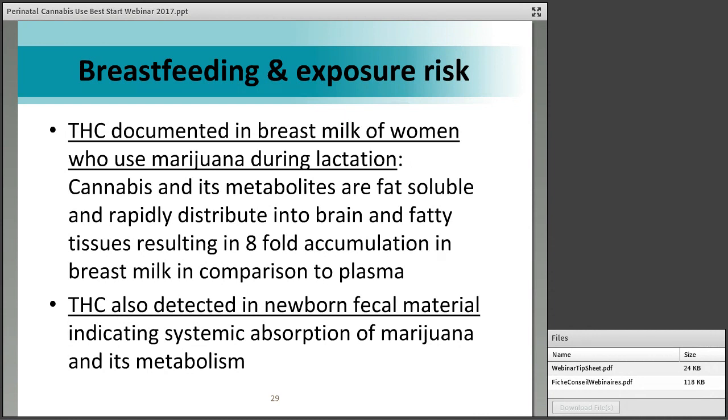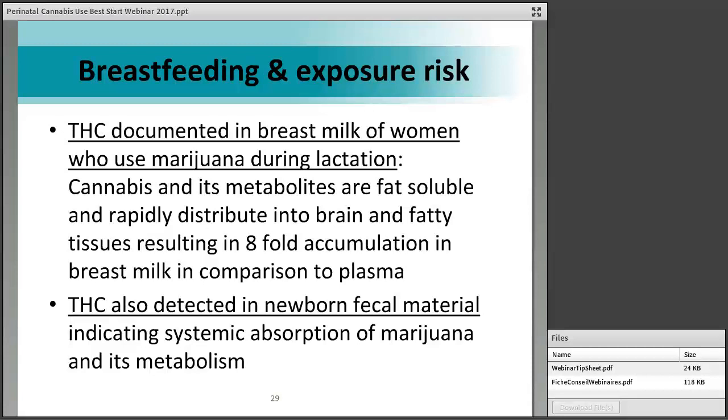When we look at breastfeeding, we are aware that THC has been documented in the breast milk of women who use marijuana during breastfeeding. Because cannabis and breakdown products like THC are fat-soluble, these products get into the breast milk and accumulate, even up to 8-fold more in the breast milk in comparison to the plasma or blood levels.